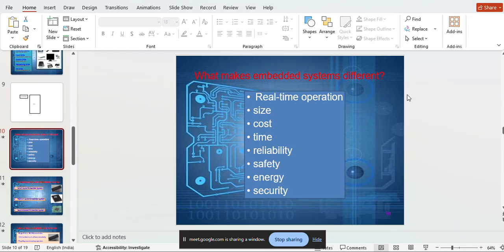Then security. When it comes to security, there are multiple softwares which strictly prohibit third-party servers. So these are the security chances in embedded systems.